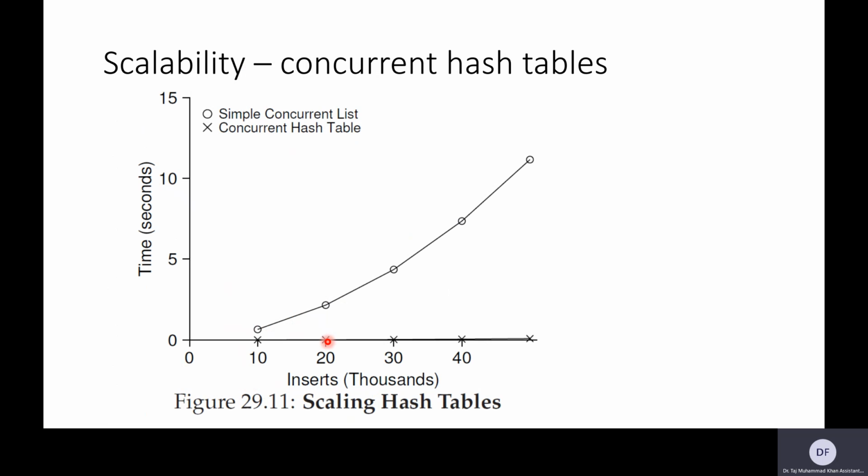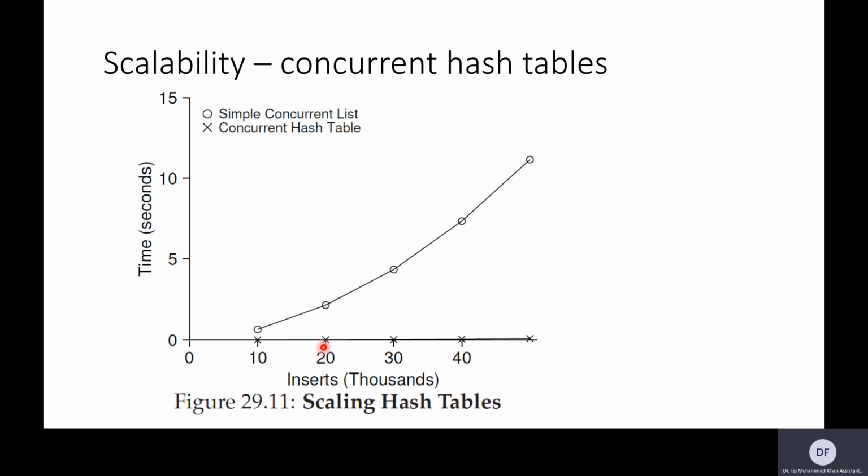So here is the scalability of a simple linked list and a hash table. A linked list is shown here by circles, where in the linked list, the way we have implemented it, only one thread can access the linked list at any given time. So as the number of operations increases, the execution time also increases. But compare that to a hash table, where it is possible for multiple operations to happen in parallel if they are operating on different buckets.